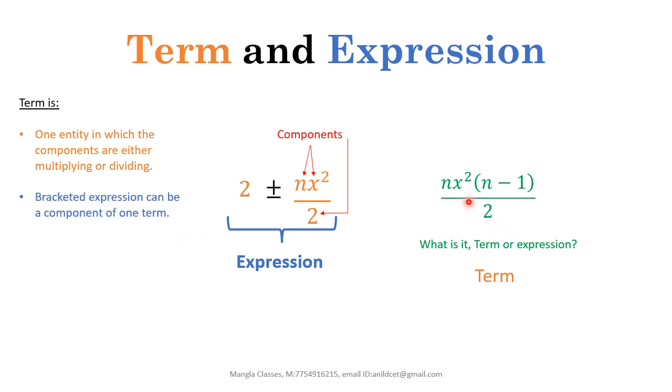Okay, so this whole stuff is one term. So to simplify such terms, first you should simplify the bracketed component of a term. Okay, when you have simplified the bracketed component of the term, then it should be operated with the other components which are outside the bracket.